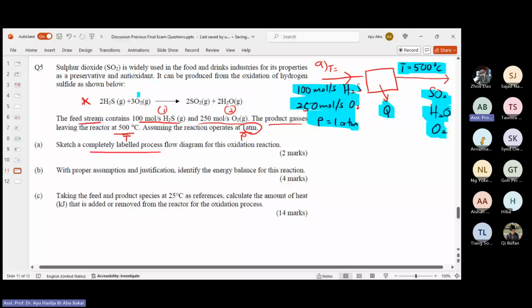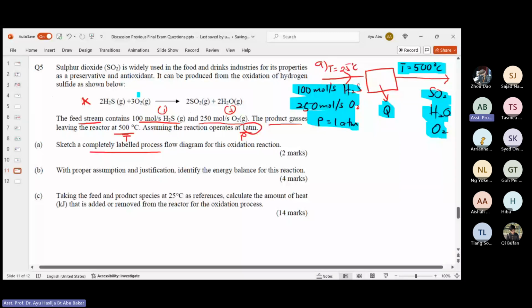Does it mention anywhere? We can use it as a reference. Yes.